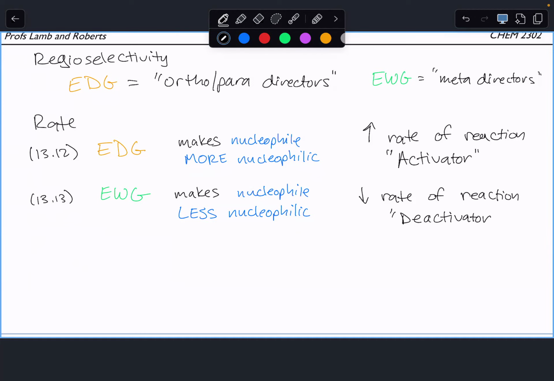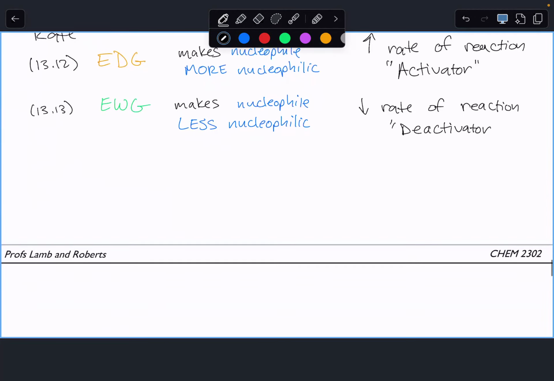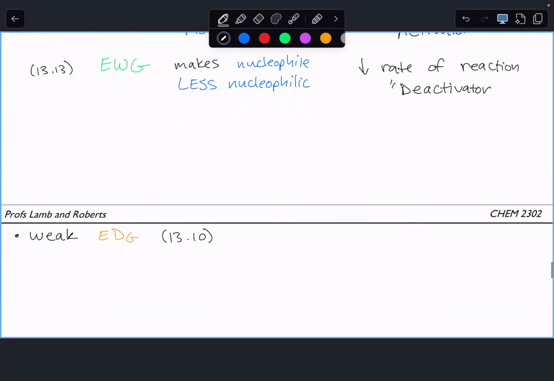Okay, all right, so let's talk about the slightly more challenging, which is the weak electron donating groups. Which is section 13.10. So an example of this would be an alkyl group of some sort, so like a methyl.